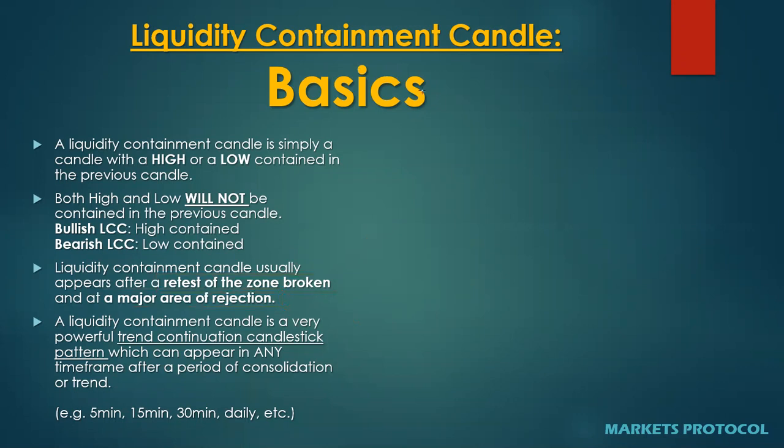All right, so let's say price was trending originally bullish, okay, making higher highs and higher lows. And then what ended up happening is that price started consolidating, okay? Price started consolidating until we had a further break to the upside, okay?